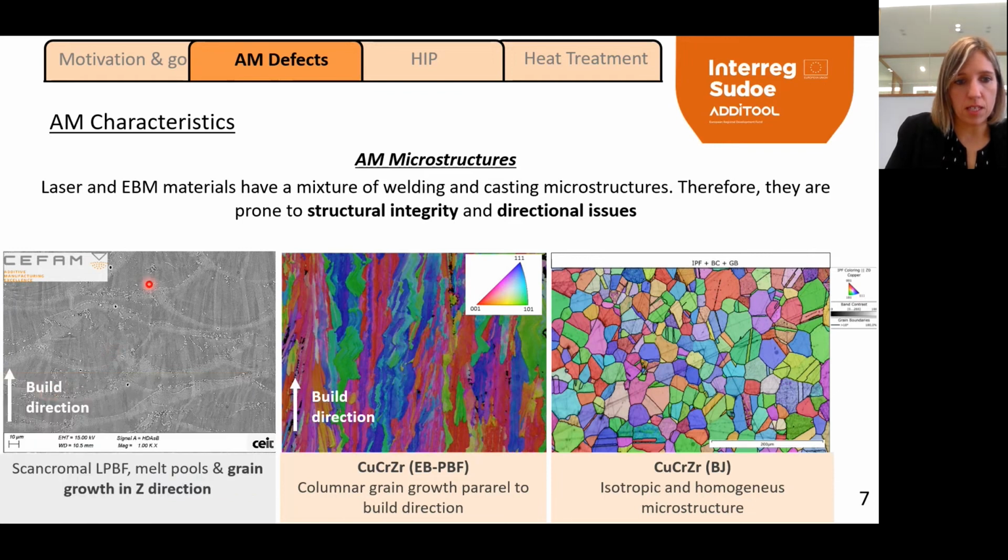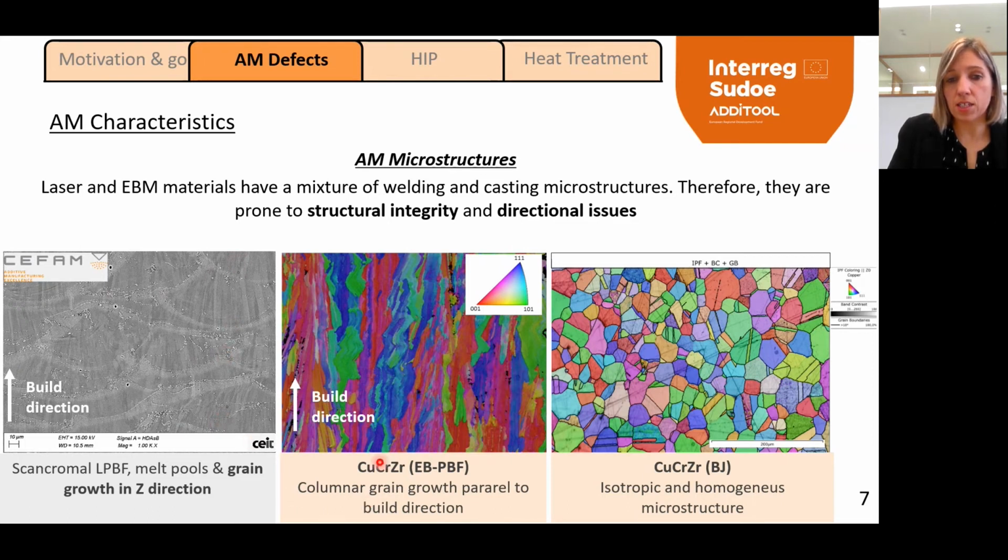For example, here we are looking at the microstructure of Scalmalloy, which is an aluminum alloy, and we can observe that after LPBF we have this melt pool microstructure and directional grain growth parallel to the build direction.